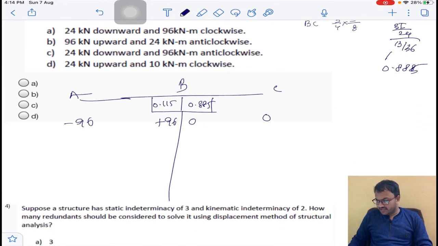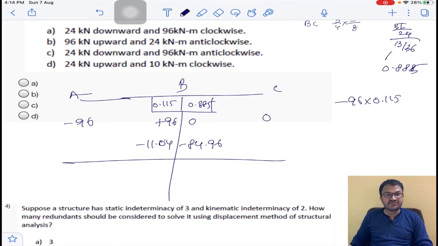Now at joint B there is a clockwise moment of 96. This has to be distributed in the ratio of 0.115 and 0.885, so you need to apply an anti-clockwise moment. Minus 96 into 0.115 gives minus 11.04, and the remainder is minus 84.96. When the far end is fixed, the carryover moment will be half of this, so you will get minus 5.5.